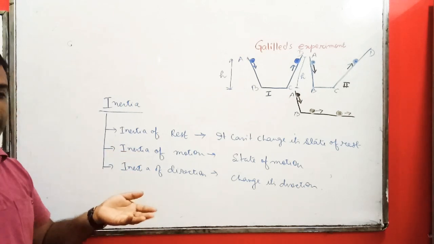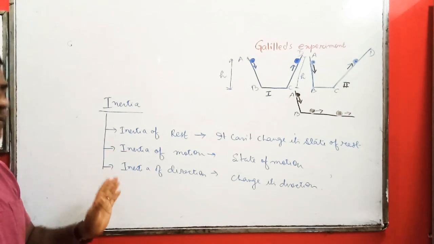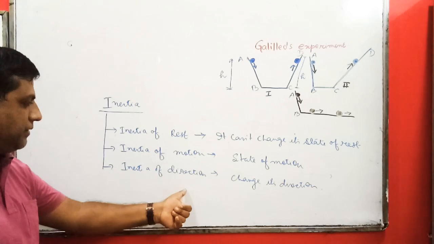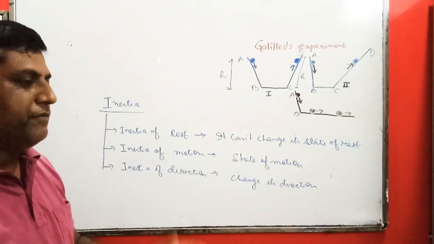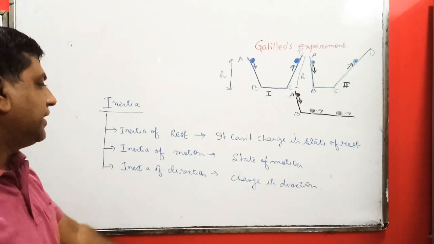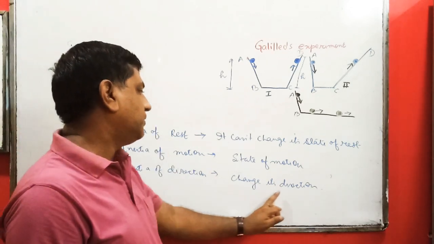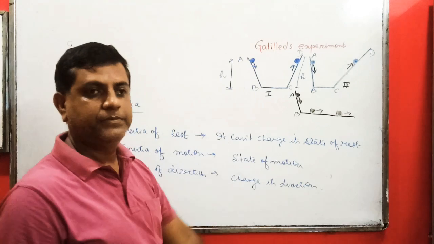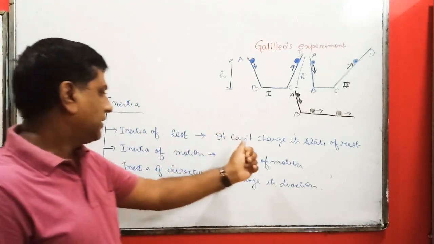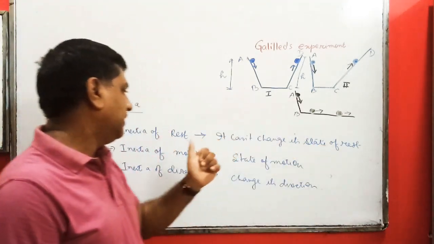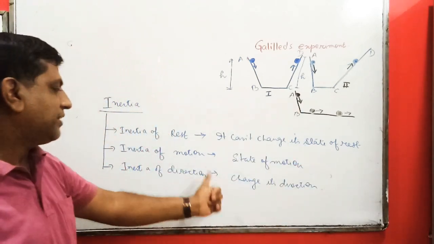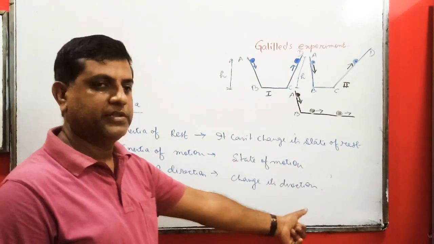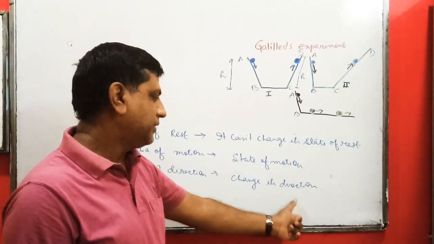And as a shortcut you can say tendency of a body to remain in motion. And inertia of direction, the inherent property of a body by virtue of which it cannot change its direction. First one is cannot change its state of rest. Second one is cannot change its state of motion. And third one is cannot change its direction. Okay? That's all for today.